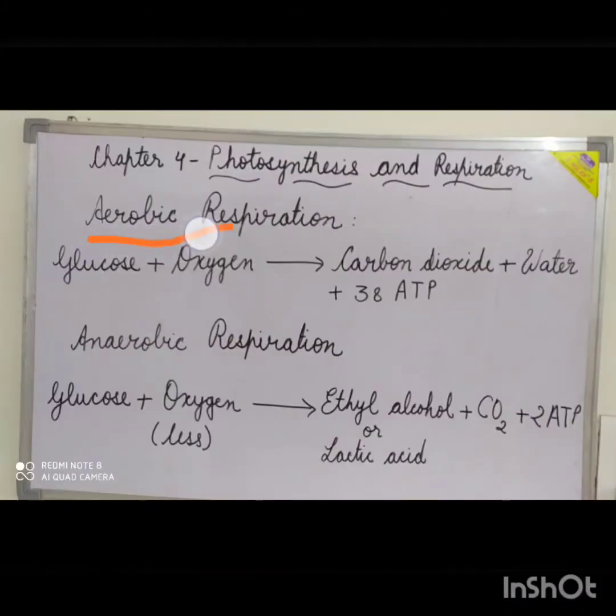Aerobic respiration. It is a process by which the complete breakdown of glucose takes place in the presence of oxygen. In this process, carbon dioxide and water are produced as the end products, with the liberation of energy in the form of ATP. In aerobic respiration, 38 molecules of ATP per unit cell are produced.